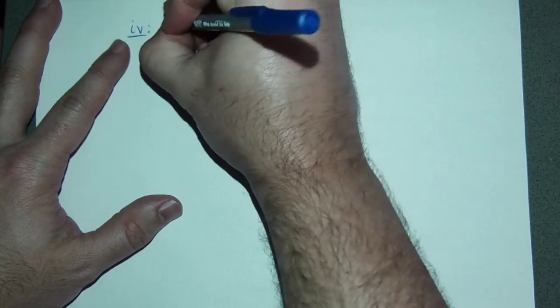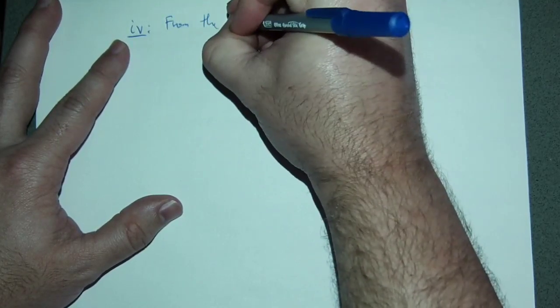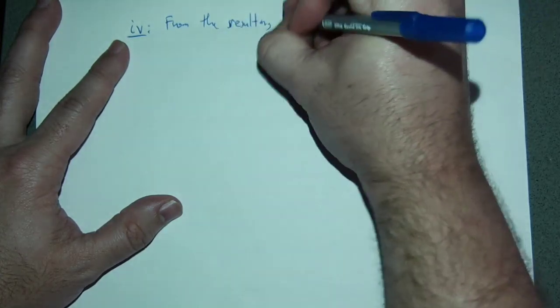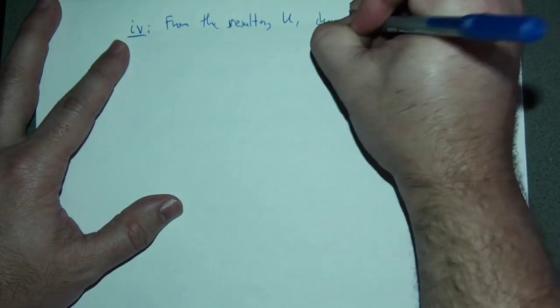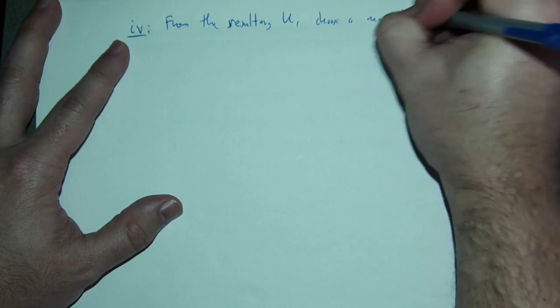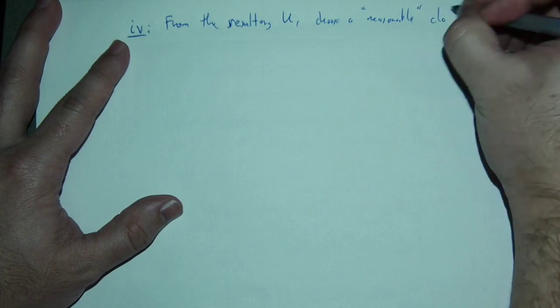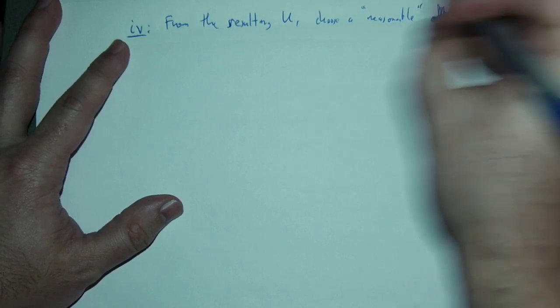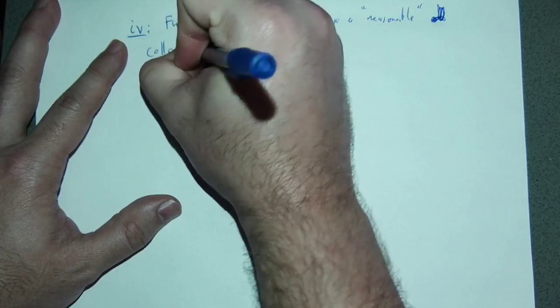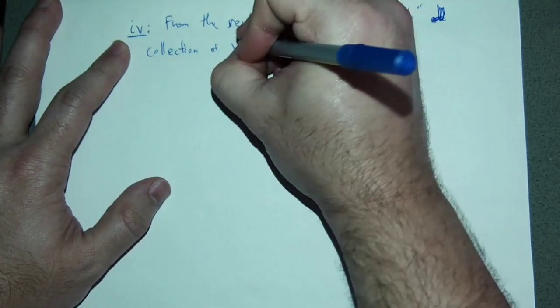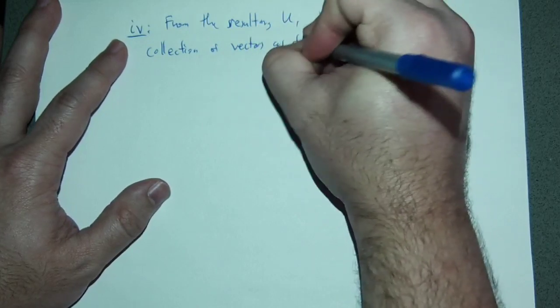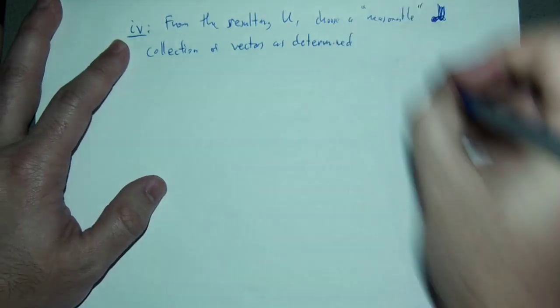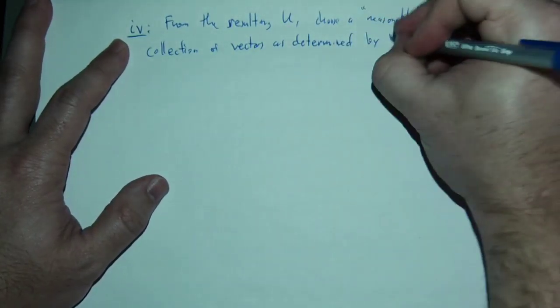Continuing. Fourth step, from the resulting U, choose a reasonable collection of vectors as determined by the singular values.